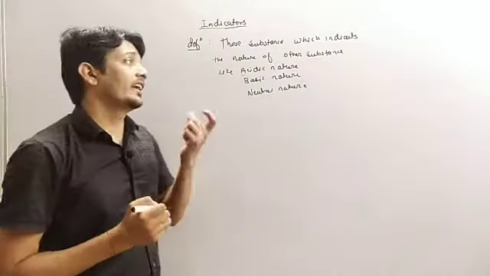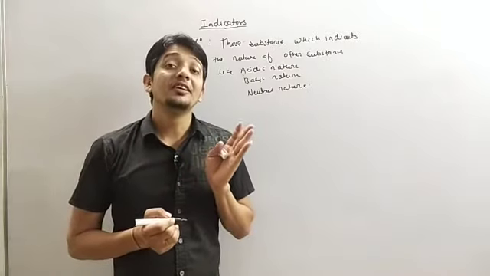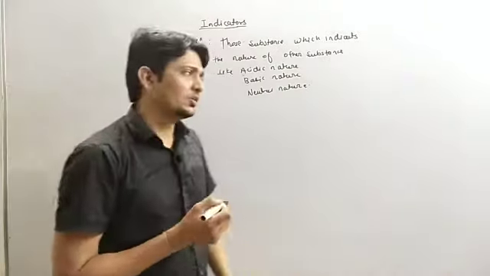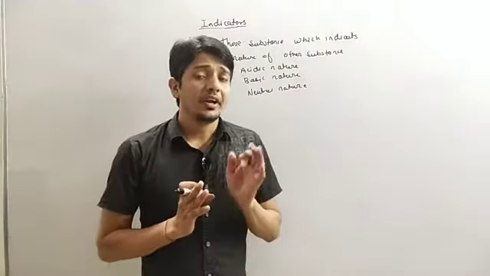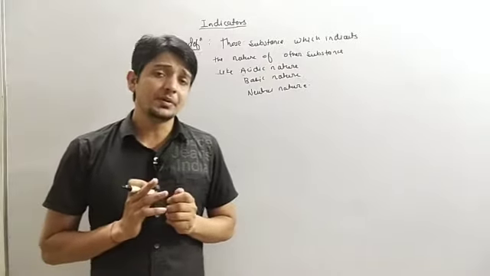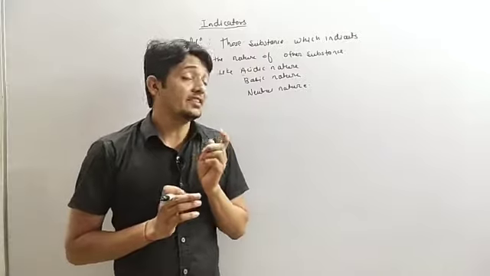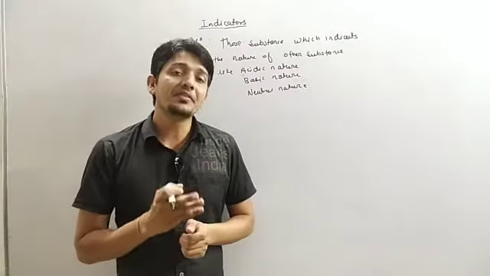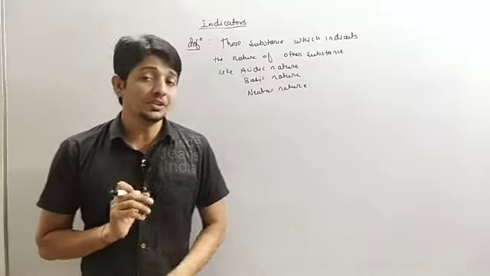Okay, so in indicators we will understand first what is litmus paper. You have already understood in our previous video about the litmus paper. So what is litmus paper? It is an indicator. It is the indicator which represents the acidic, basic and neutral nature of the substance.